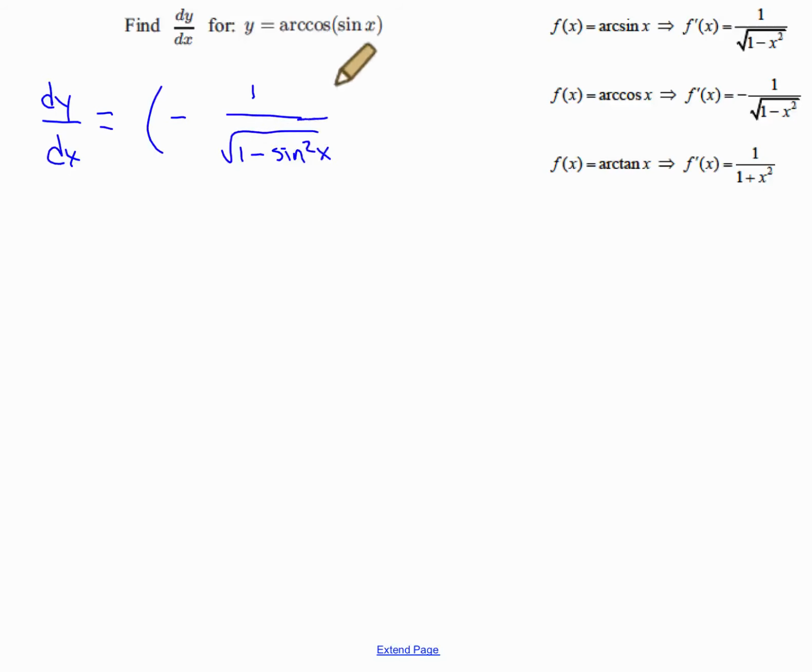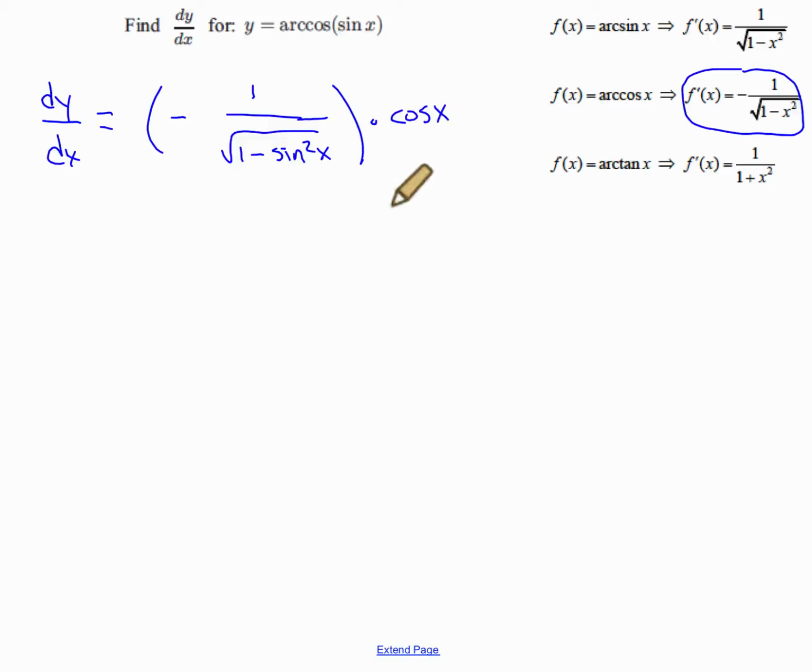And where do I get that? Well, the derivative of arc cosine right here. And my x is sine x, and this is the chain rule: the derivative of the outside function, arc cosine, times the derivative of the inside function, which is cosine.